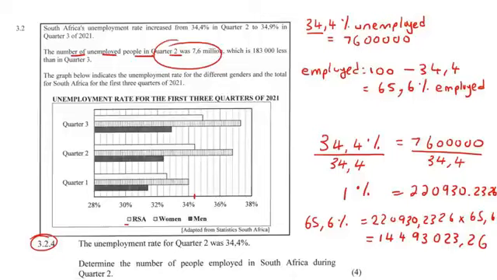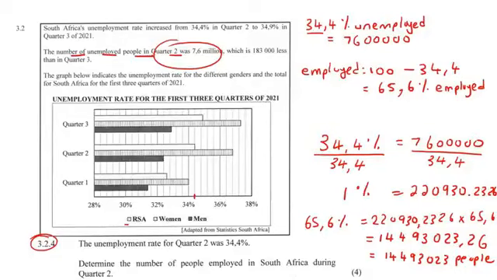But I'm sorry if I've offended anyone by saying that someone was 0.26 of a person. Of course we can't have that many people, so we'll just round that one down to the nearest whole number, and that would be that many people. And I really hope that part made sense. We knew that 34.4% was that many people.